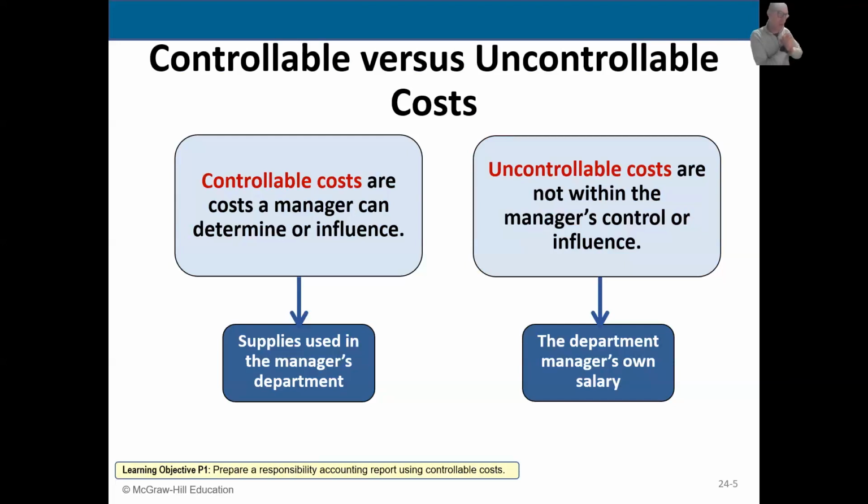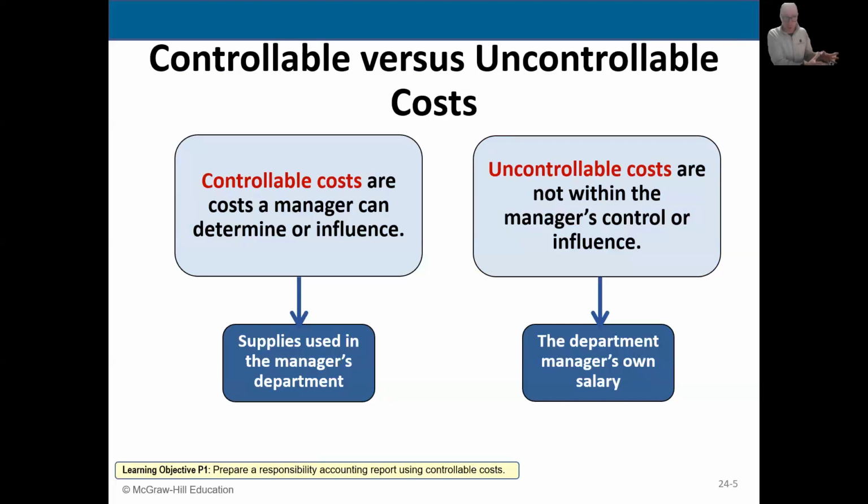For example, controllable costs that a manager has control over include things like the hours worked in their department by the employee, the hourly wages of the employees working in that department, the amount of inventory the department carries, the sales prices of the inventory within the department.